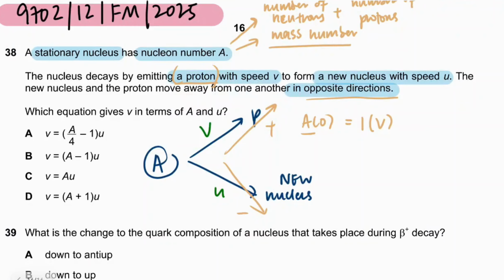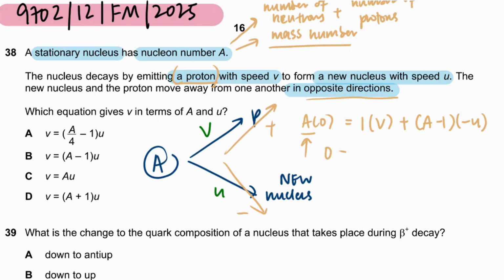Then the total final momentum, you need to add it first. The new nucleus, what would be its mass? It would be A minus 1, because initially the stationary nucleus has a mass number of A. Then after it decays, 1 goes to the proton, so the remaining would be A minus 1, right? Then your speed will be negative u, because like I said, it's opposite direction.